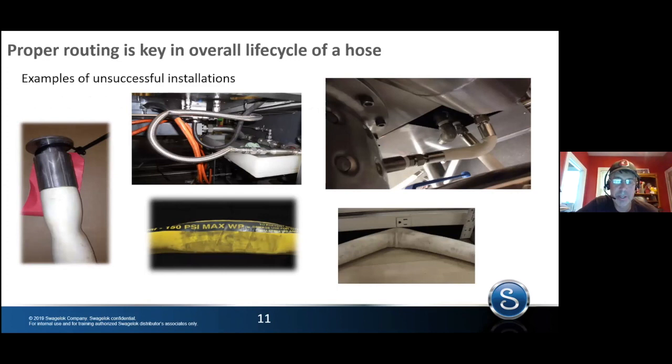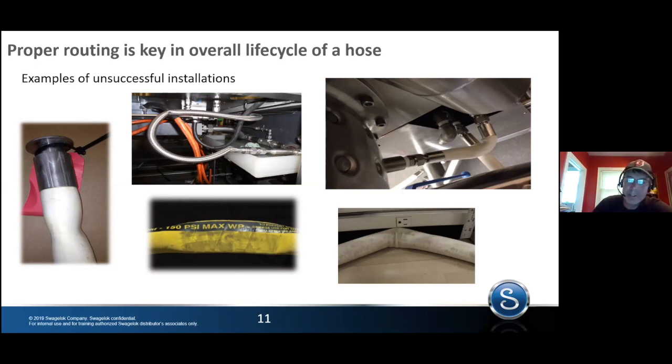It was bent incorrectly, and it's been kinked in 2 different spots, and that's always damaging a hose, and we don't always consider that. The hose on the top right obviously is too short for making that bend, and there's some significant damage there at the end connection. In the bottom in the middle, that hose was routed across a tow motor path and was run over, and clearly damaged.